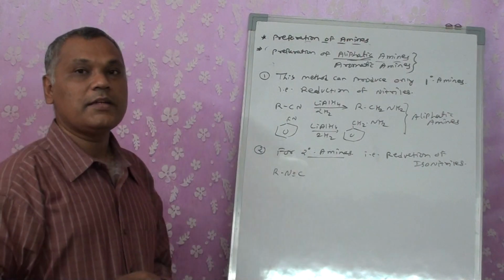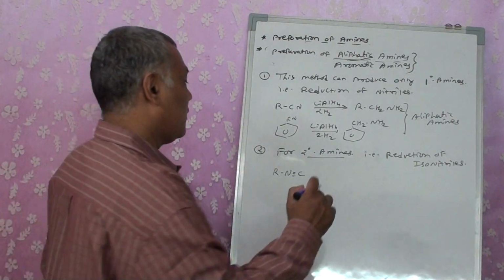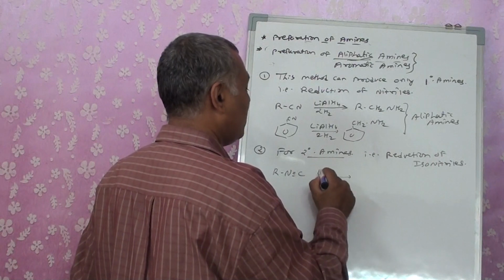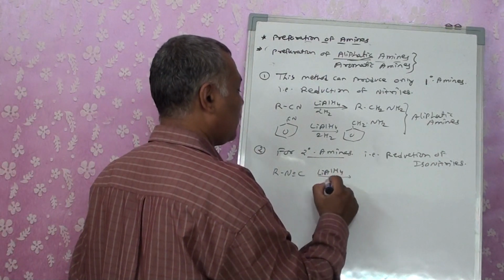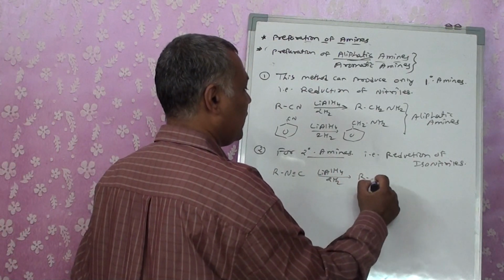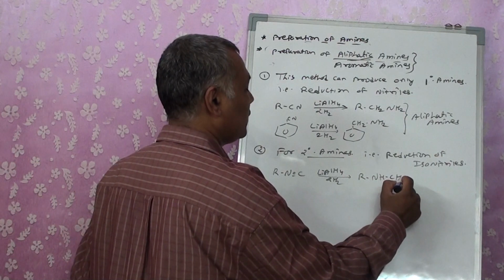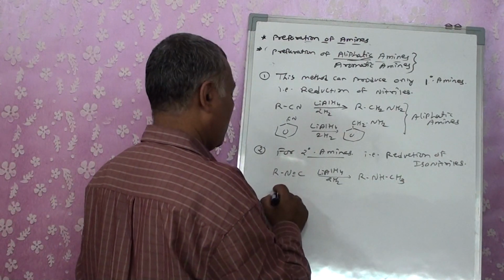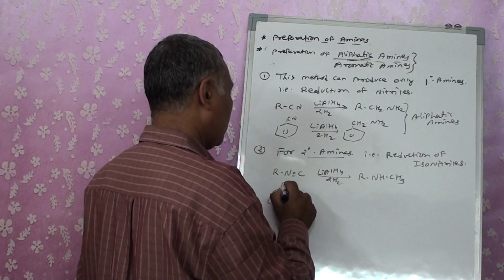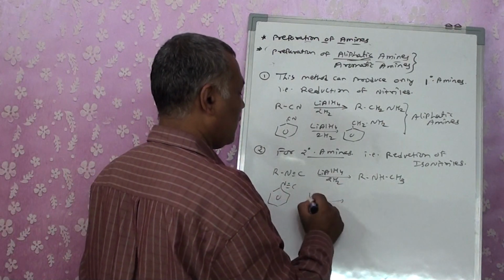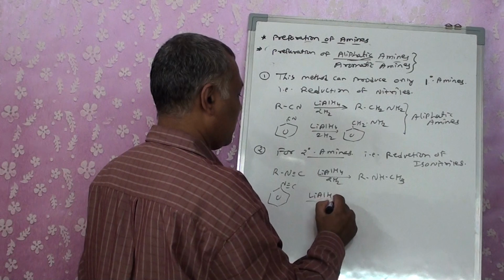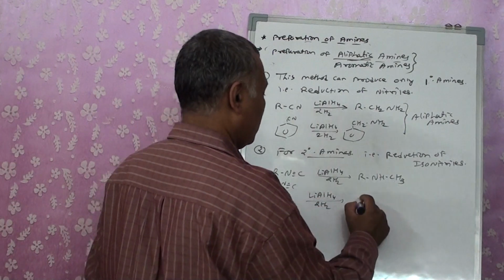When you have an RNC, then on reduction with LiAlH4, 2H2, it gets converted into RNHCH3. If we have phenyl isocyanide, it also produces a secondary amine, with CH3.